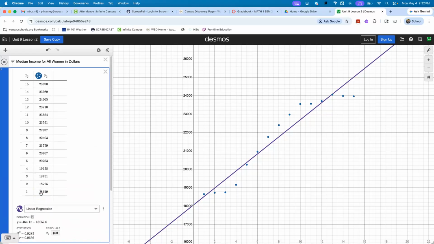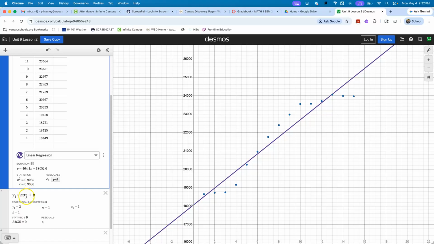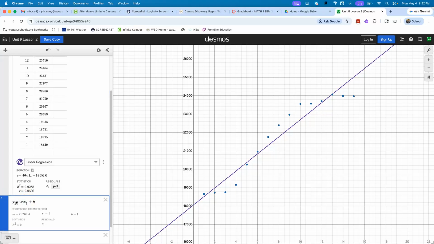Oh, because it's x sub 2. That's why. I apologize. Now I see why it didn't show it, because it was in the 2s, not in the 1s. There it goes. Now we can show it. So there's the line of best fit, the regression line for it.